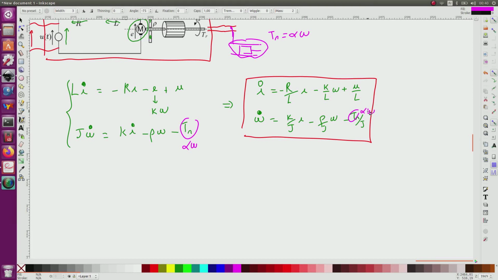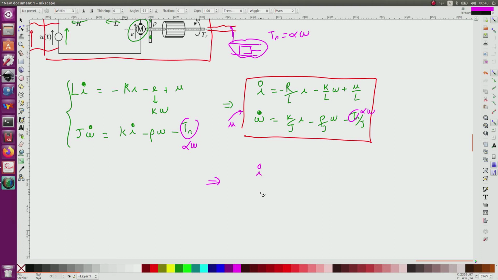So if I rewrite it in matrix form, I now have only one input, which corresponds to U. TR is no longer an input. So the state equations are now I dot and omega dot. I will write it in matrix form directly.